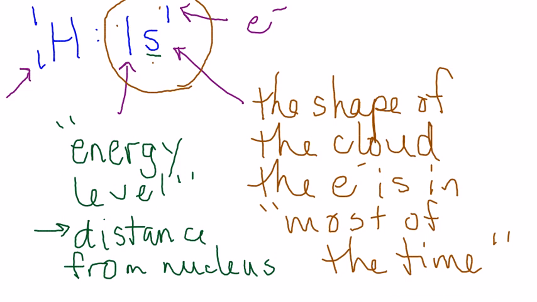An S cloud is going to be roughly spherical. So what that means is there's a sphere around the nucleus, and the electron is flying around in that sphere. Let's shift this down, and we'll take a stab at drawing it. Here we go.